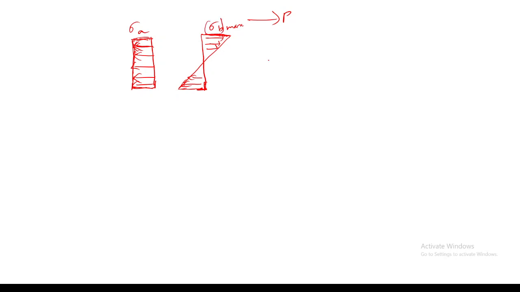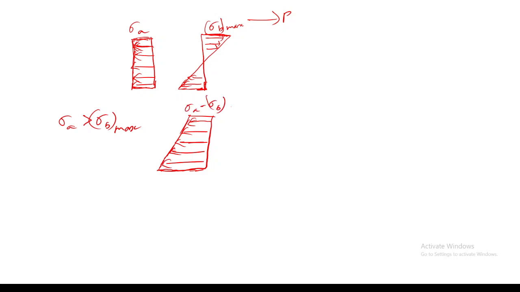So what I am saying is, for the particular condition of sigma A greater than sigma B max, my net effect is like this. Is it correct or not? Whether what I have drawn is correct or not? Here it will be sigma A minus sigma B max.